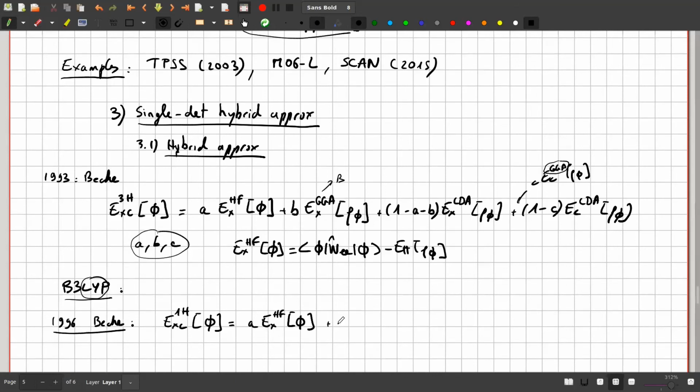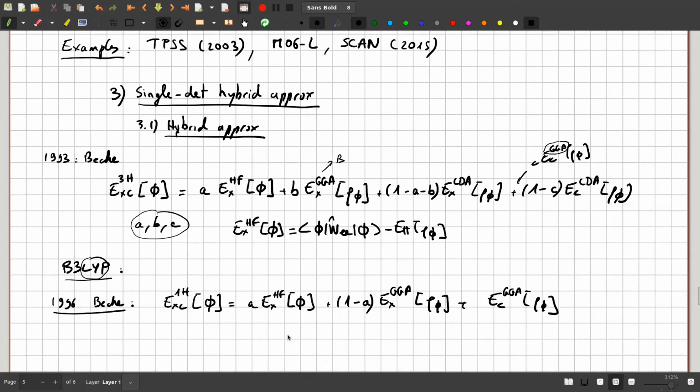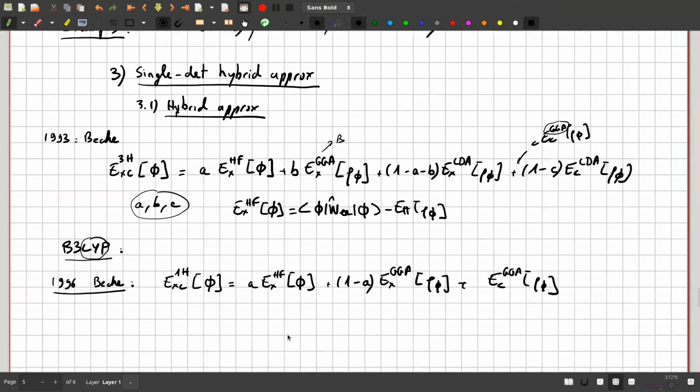You simply have the complementary fraction for the GGA exchange. And then you have simply a GGA correlation functional. Of course, it was proposed for the GGA, but in practice here you can use a meta-GGA. It works as well.